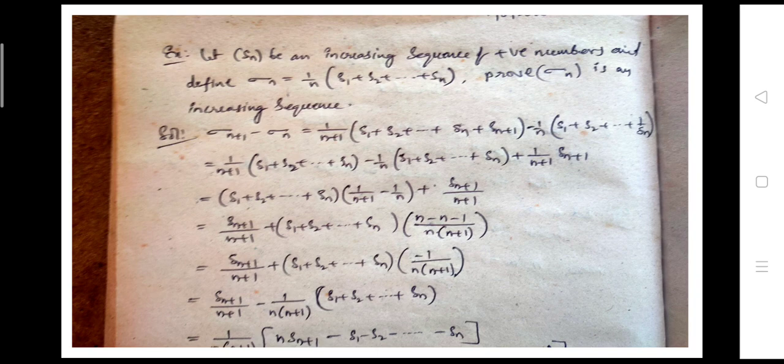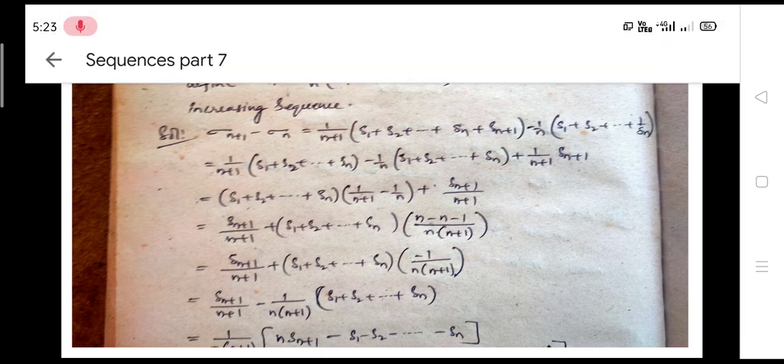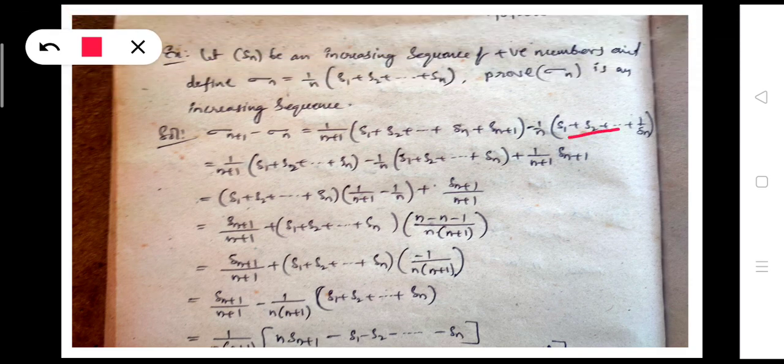Subtracting sigma n from sigma n plus 1: 1 by n plus 1 into (S1 plus S2 plus ... plus Sn plus 1) minus 1 by n into (S1 plus S2 plus ... plus Sn).